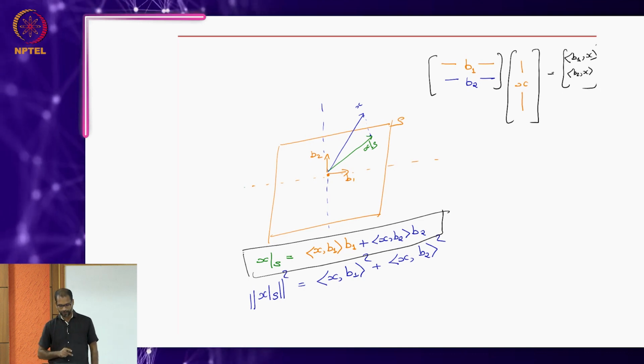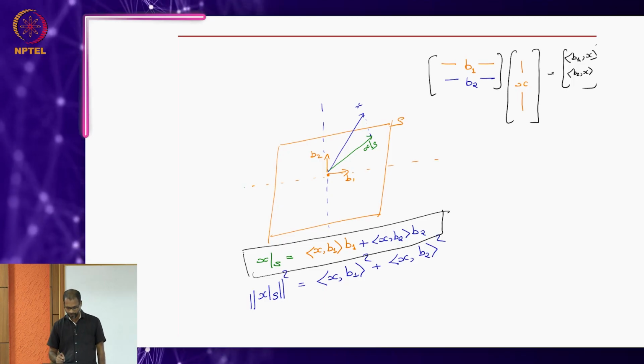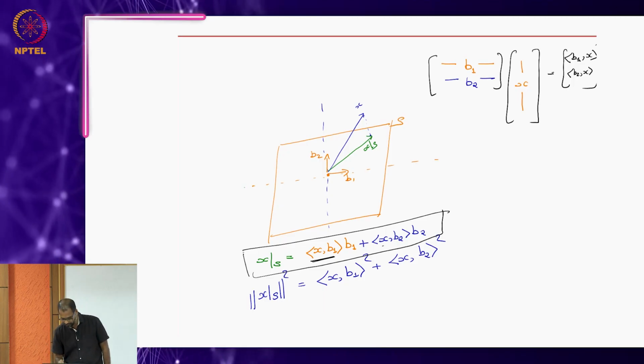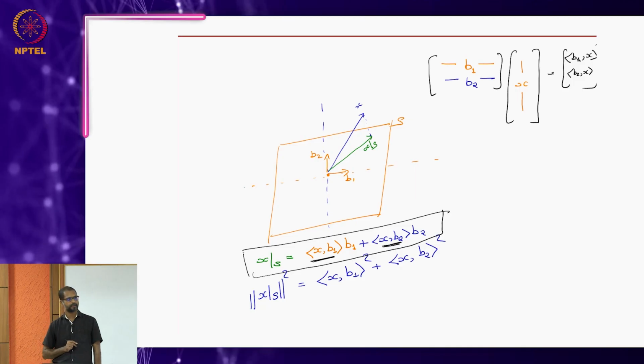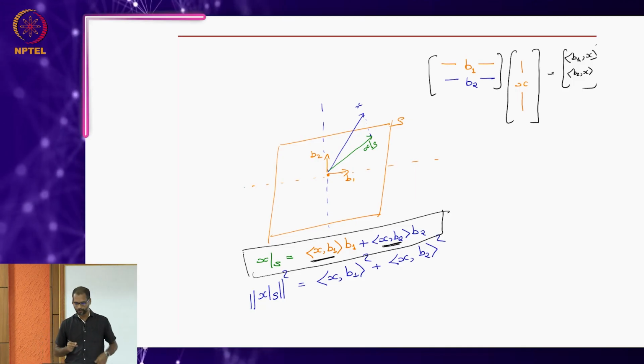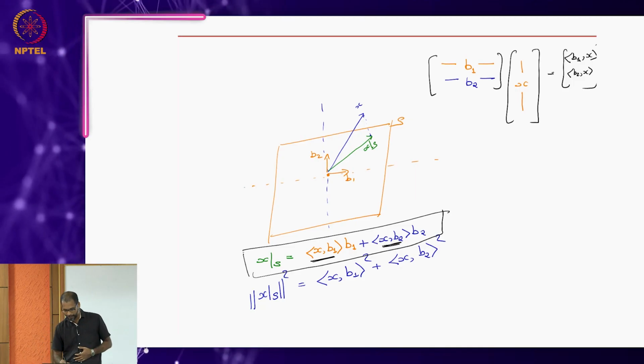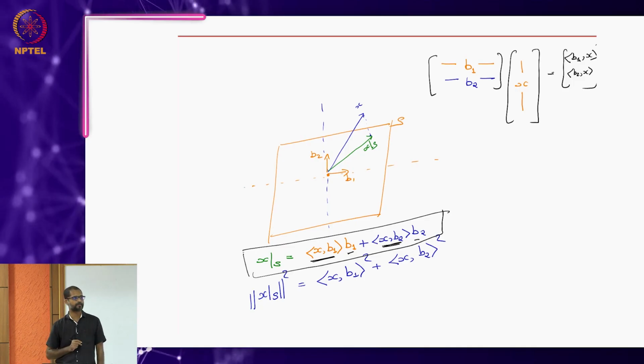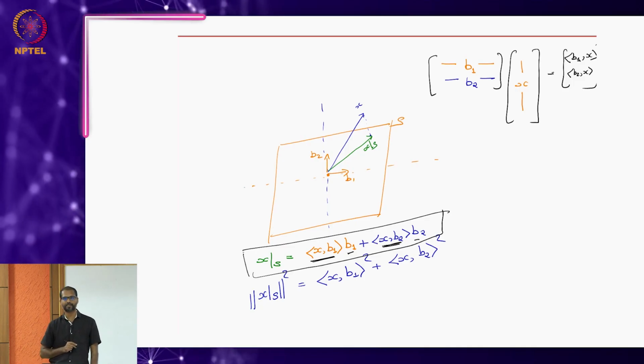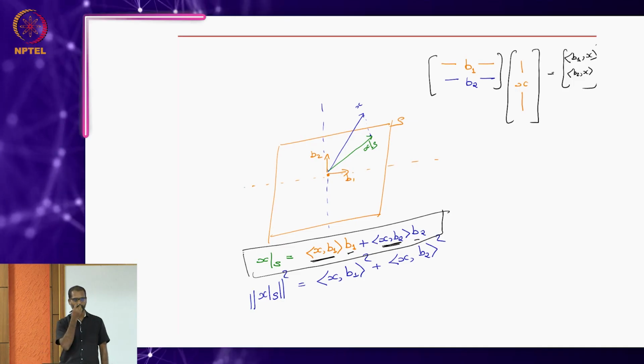So I have got a column vector which contains these two scaling factors. But now that is not enough for me. I need to add this b1 and this b2 here. Any idea? Can you represent that using a matrix multiplication?